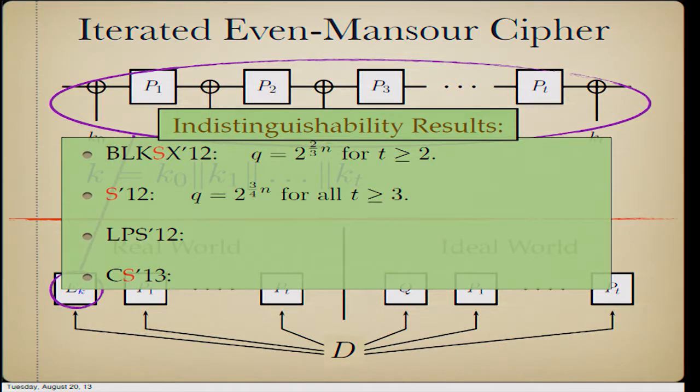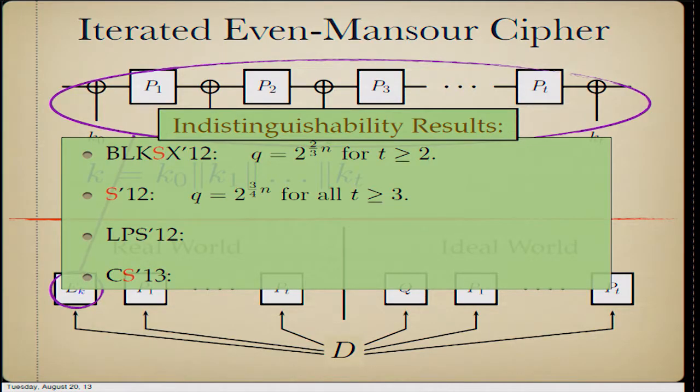Later, I improved this to 3/4 times n for T greater than or equal to 3. So you see the pattern: for T equals 1, it's 1/2 times n; for T equals 2, it's 2/3; then 3/4. The conjectured optimal is T over T plus 1 for T rounds. These two bounds are sharp: the first is sharp for T equals 2, and the second is sharp for T equals 3, as far as these indistinguishability results go.